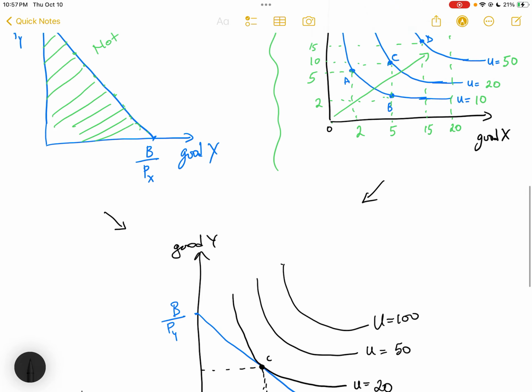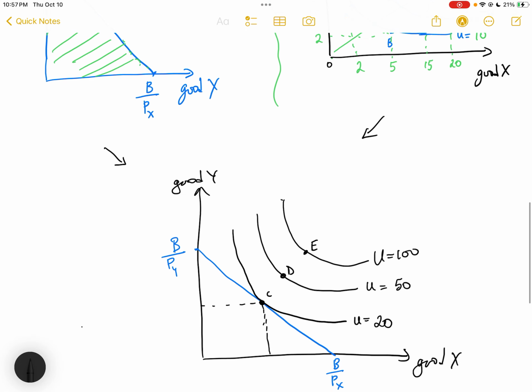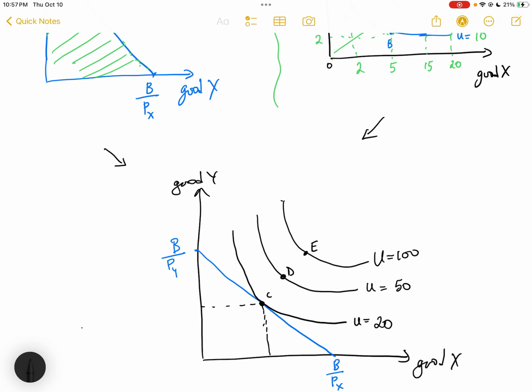That was C. And let's say that's D and that's E. Great. See, you still prefer E to D and D to C. However, you can't afford bundles D and E. You can afford bundle C.